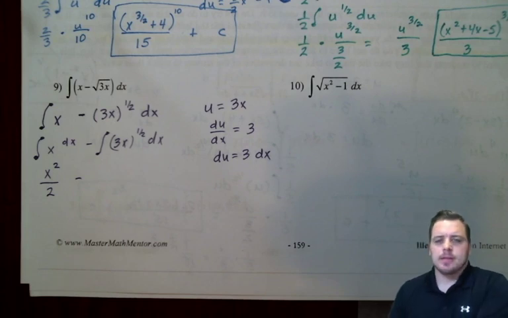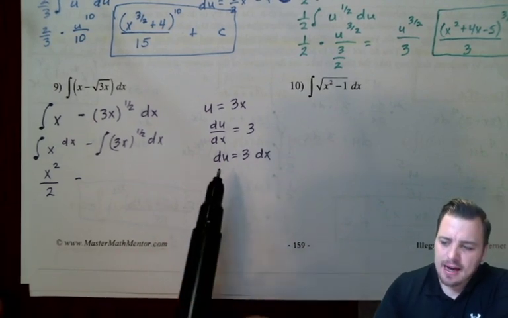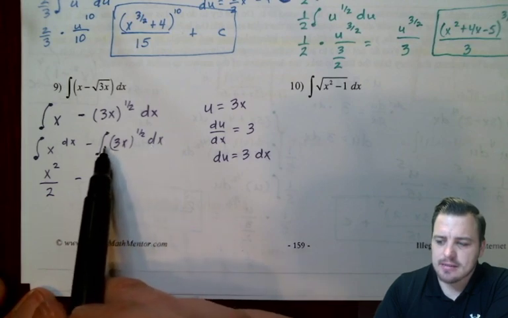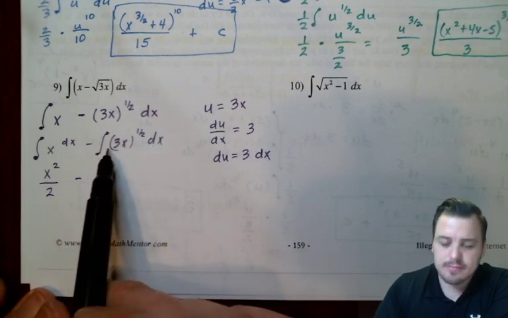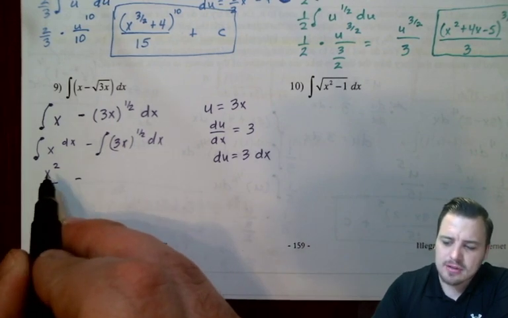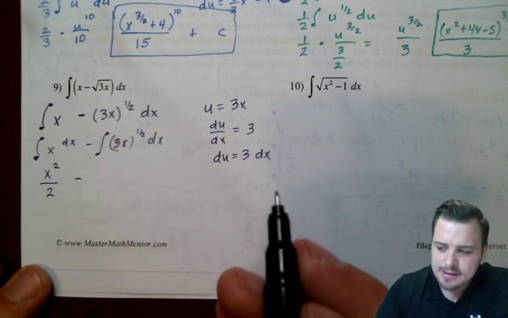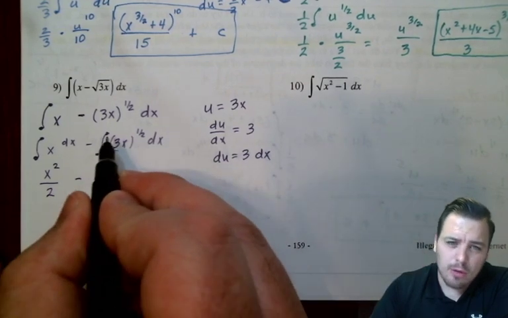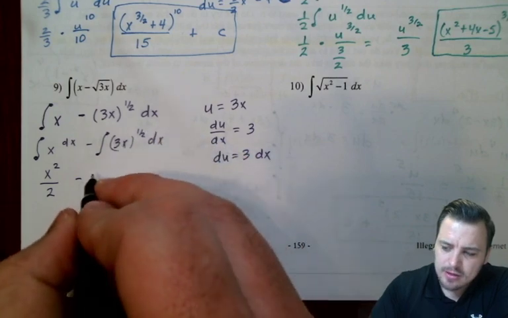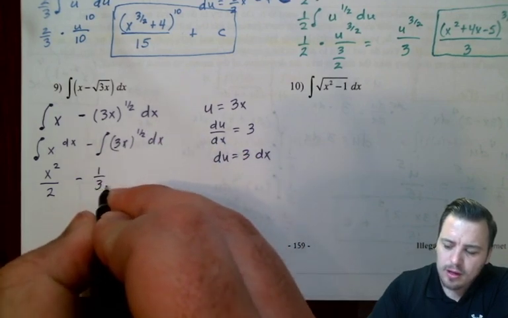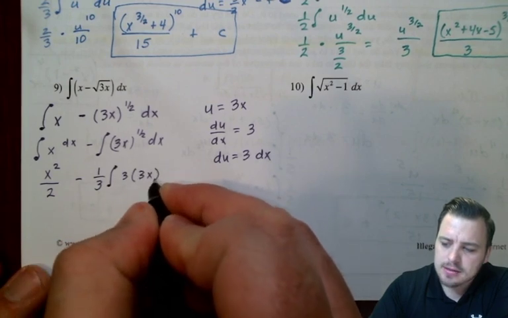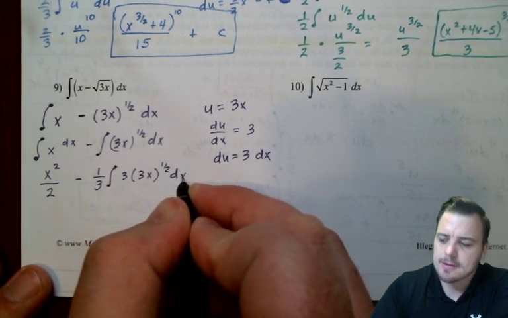So if I have a dx here and a dx here, I just need to multiply this times 3 in order to get that in terms of u. So I would have x squared over 2 minus, now don't forget, when you multiply on the inside, you need to multiply by its reciprocal on the outside. So that would be 1 over 3 integral 3 times 3x to the 1/2 dx.